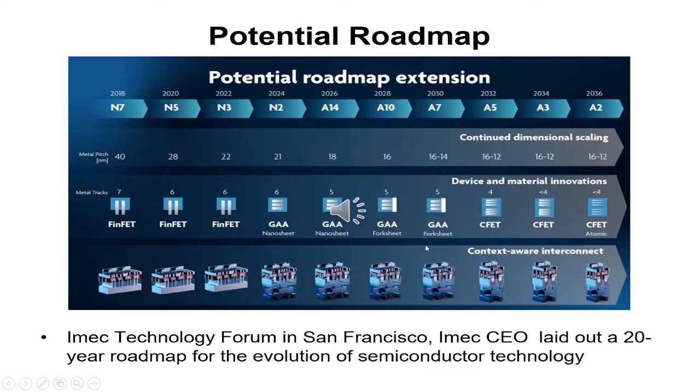There was an IMEC Technology Forum in San Francisco, where the IMEC CEO laid out a 20-year roadmap for the evolution of semiconductor technology. In 2018 we were using FinFET, and in 2020 and 2022 also FinFET. In 2024 we introduced the GAAFET, so we are into GAAFET and nano sheets.